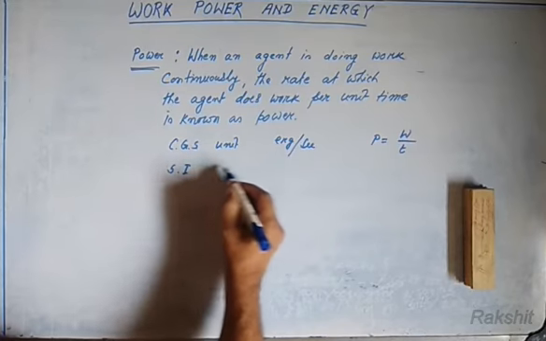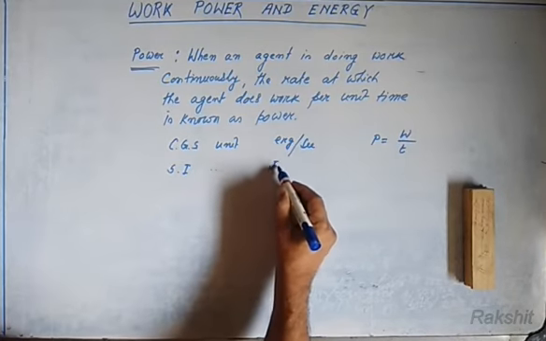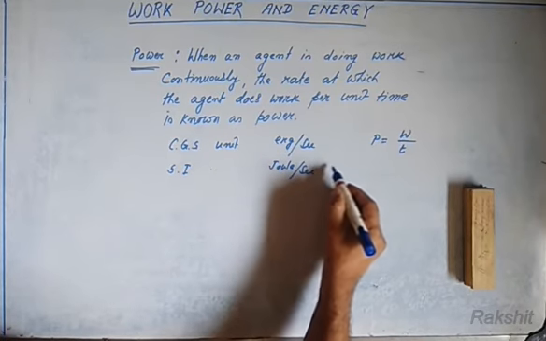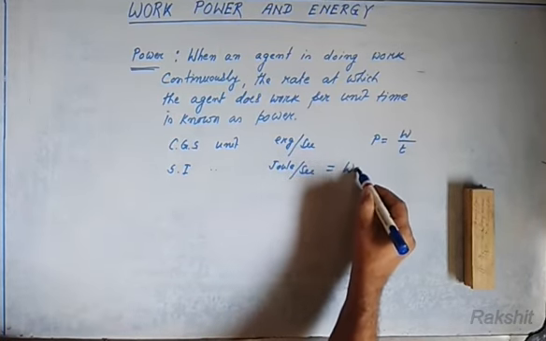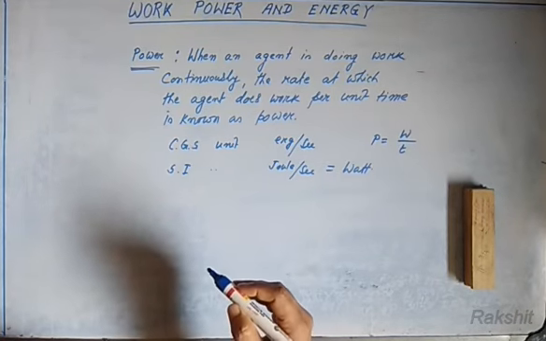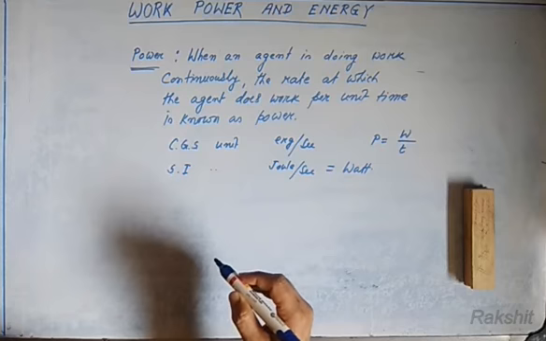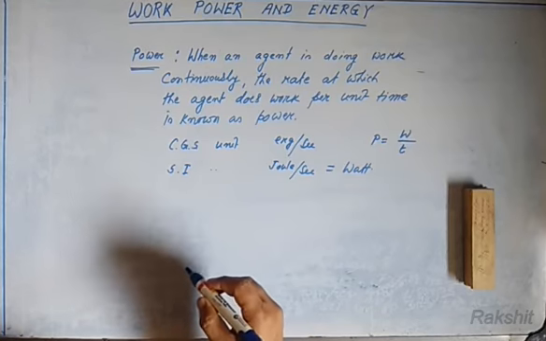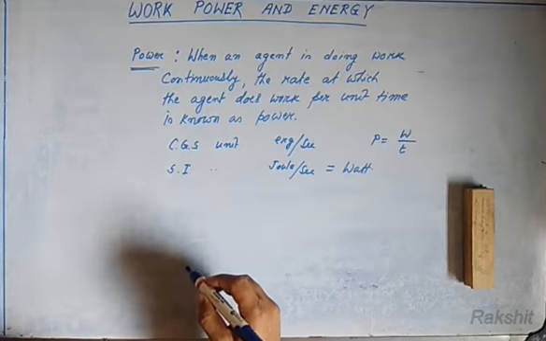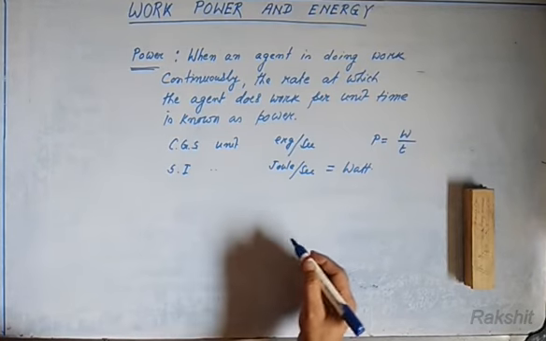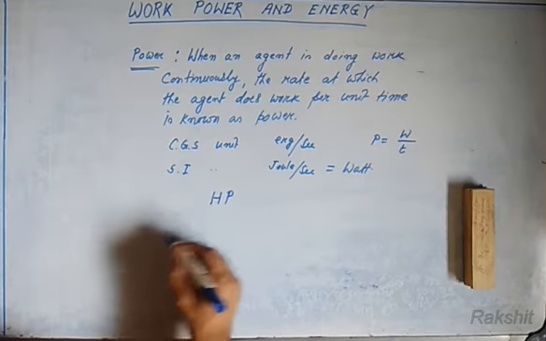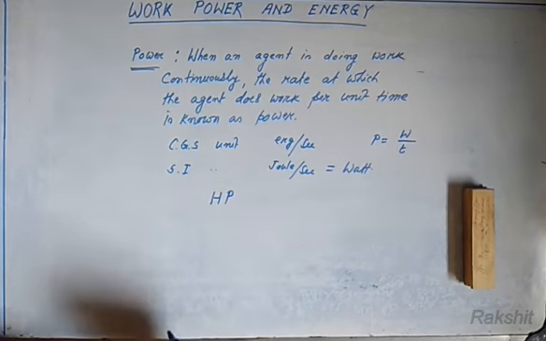SI unit is joule per second, this is known as watt. There is another unit that will be useful for problem solving purposes, that is known as HP. HP is another unit of power.